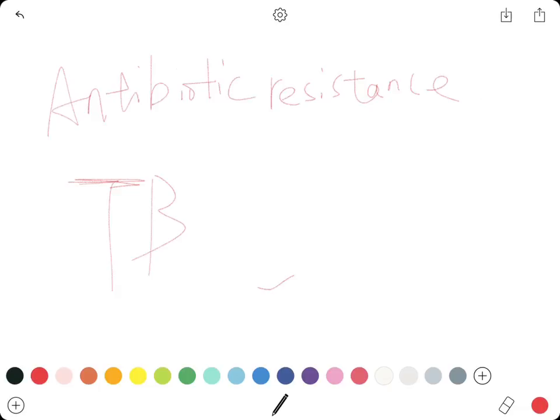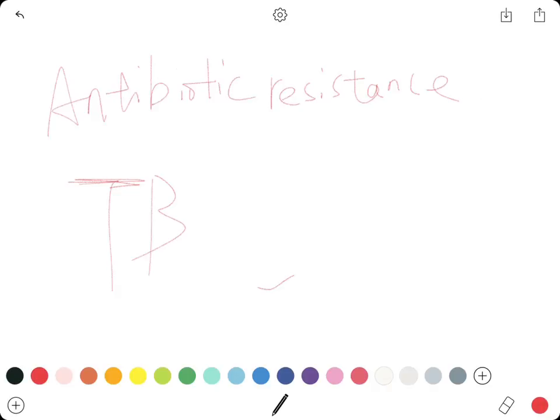Why do AIDS patients require long-term antibiotics? Actually, in the late stage, AIDS patients have no T cells in the lymph nodes, so they don't have the ability to fight bacteria and flu, so they require continued antibiotics.